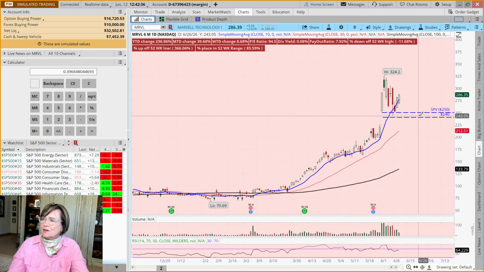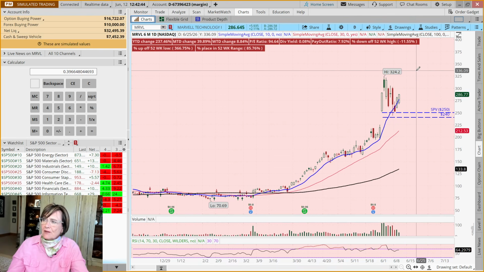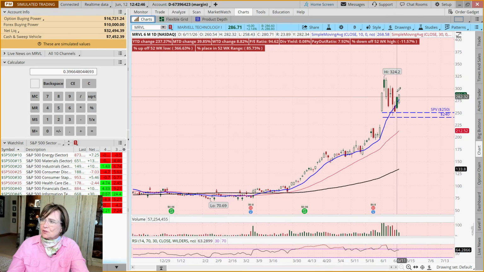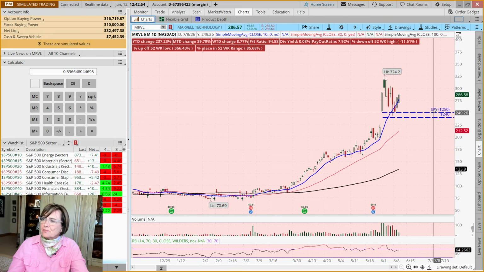Could we sell a put at 250 and then maybe something at 245 or 240 below it? As long as it stays above it, we would have a successful trade. If it goes sideways, we have a successful trade. We even have $36 worth of wiggle room here if we're able to get enough premium at the 250 level.